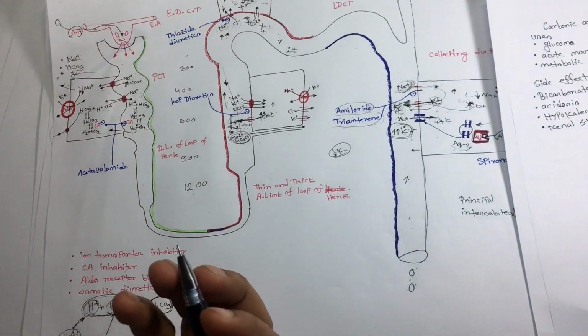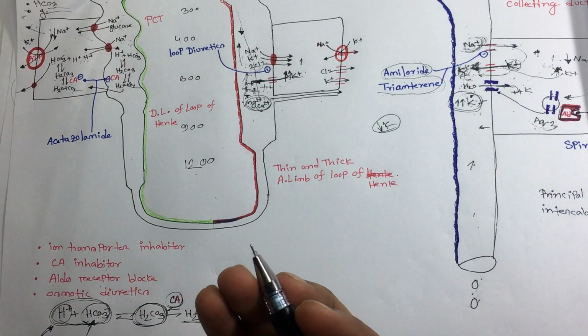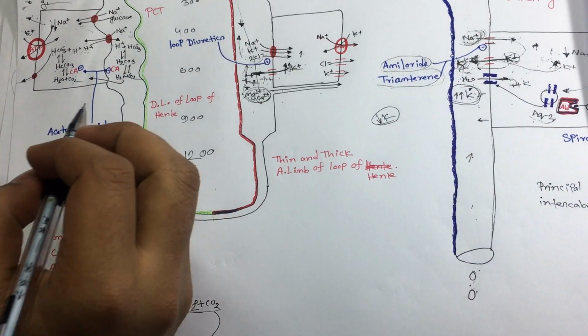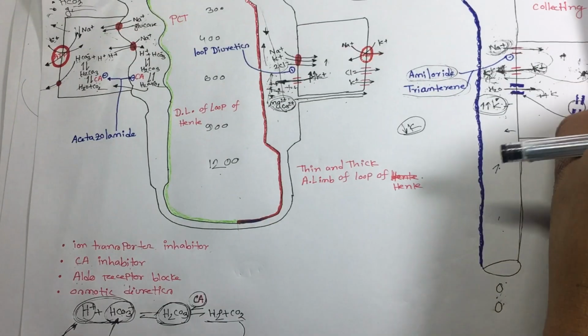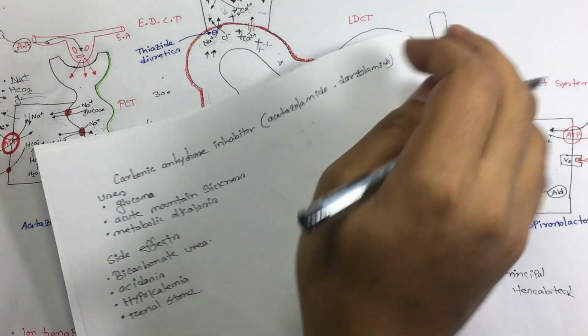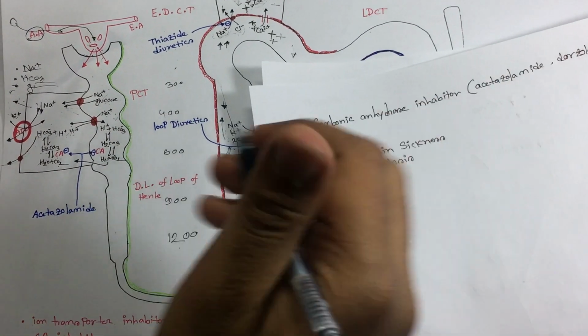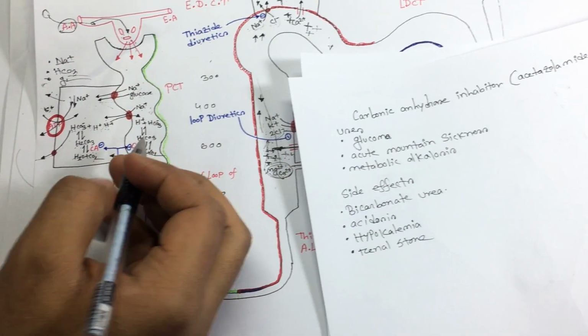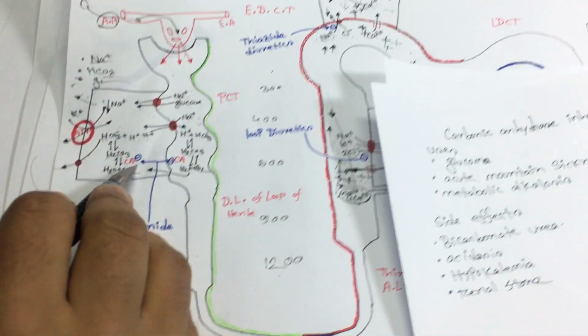Okay, now we will discuss the actions of carbonic anhydrase inhibitors like acetazolamide and dorzolamide. Okay, the proximal convoluted tubule has carbonic anhydrase.